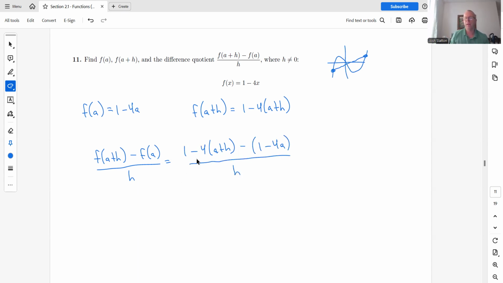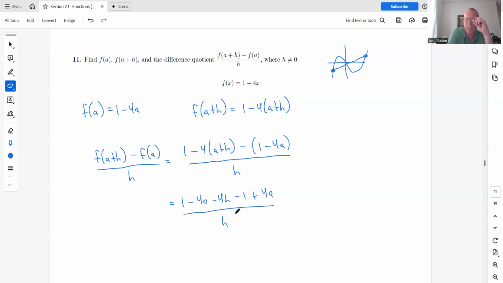And so now let's simplify this and we can see what we get. So let's distribute the -4 and we'll distribute the negative there. So 1 minus 4a minus 4h minus 1 and then plus 4a, all over h.